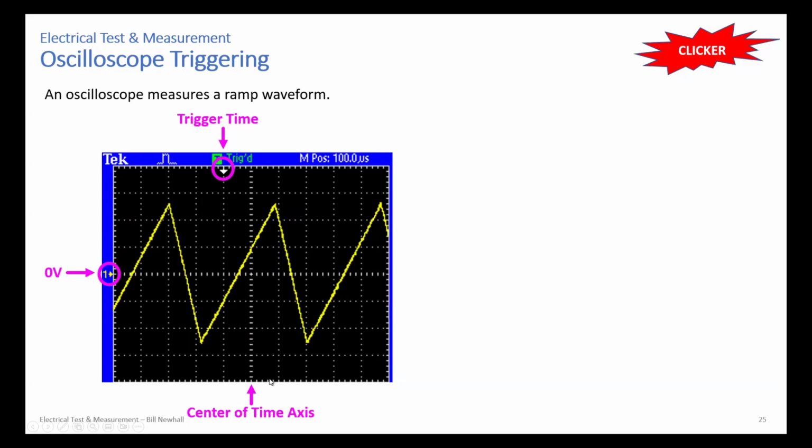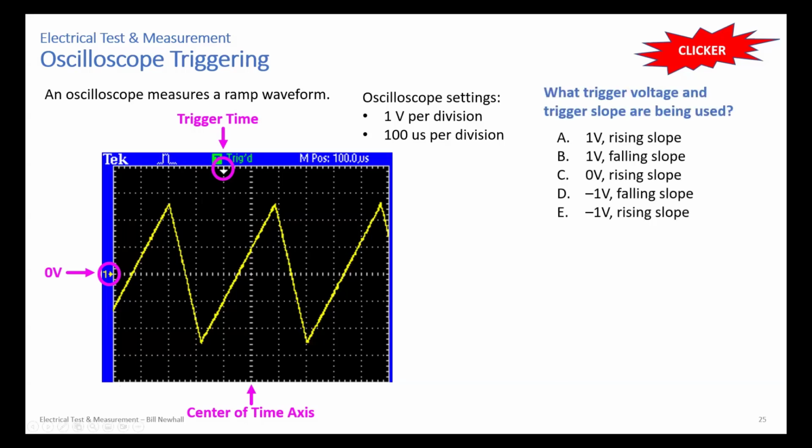So you can see I have 10 divisions across the screen, and this happens to be just the center grid line that is a little wider. Okay, and the oscilloscope is set for 1 volt per division and 100 microseconds per division. So the question is, given all this, what trigger voltage and trigger slope are being used?